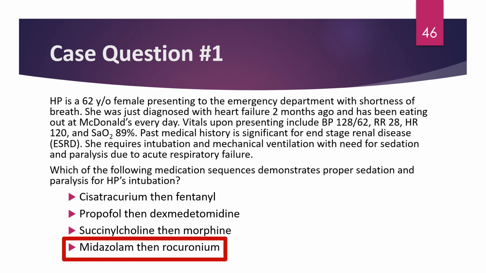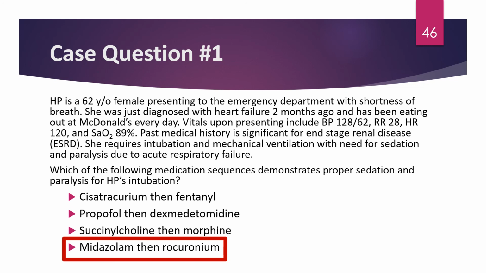We might not necessarily want to give succinylcholine to a patient like that because succinylcholine is depolarizing and can depolarize that action potential, release potassium, and cause hyperkalemia to occur. And we don't want a hyperkalemic emergency to occur as a result of a drug that we're giving them. So the best option here is midazolam, then rocuronium. We want to sedate first, then paralyze after.